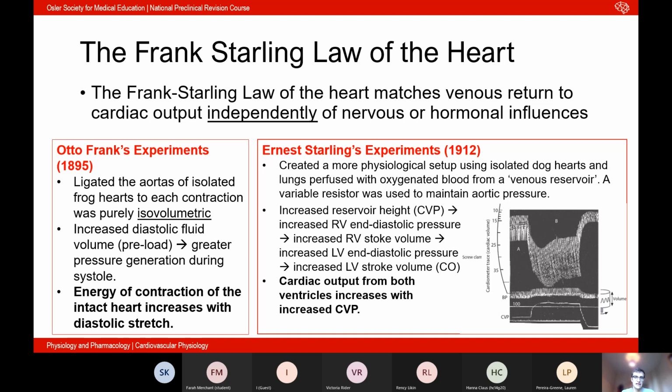And then Starling did this, but with a more complex setup, showing that when you increase venous return, you actually got a bigger volume returning to the heart, and that produced a bigger volume of cardiac output. This is it: blood pressure increases, and then the heart contracts more.